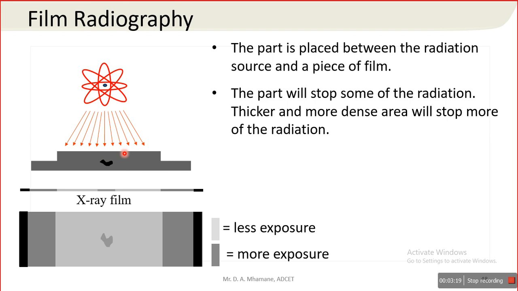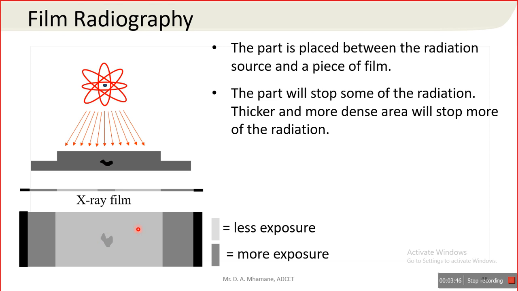The X-ray source emits radiation, it penetrates through the component and a radiography sheet is generated. It depends on the density which appears between the X-ray source and the radiographic film.